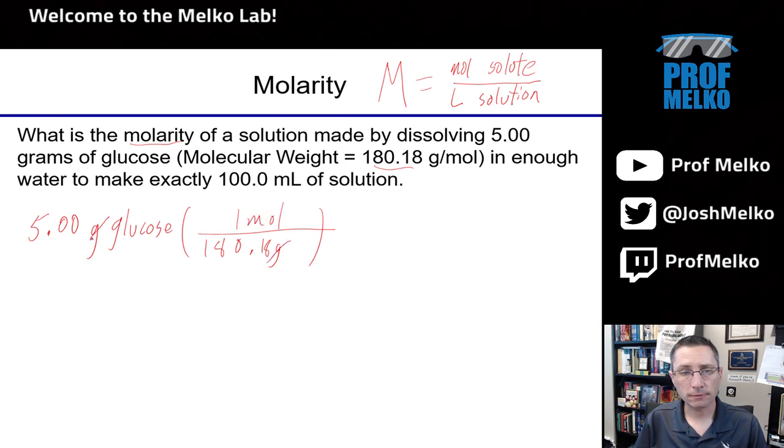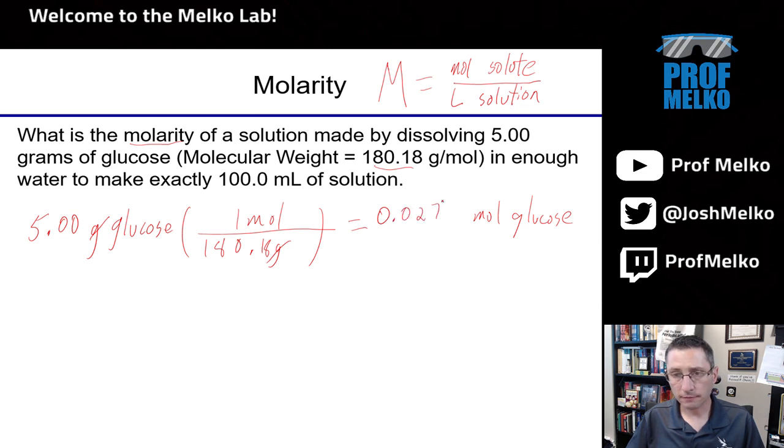Grams will cancel out. 5 divided by 180.18 will give me the moles of glucose. I get 0.02775 moles of glucose. And for now, I'm just carrying a lot of digits along in my calculator because I'm not at the final answer yet. I'm going to carry all these digits along.